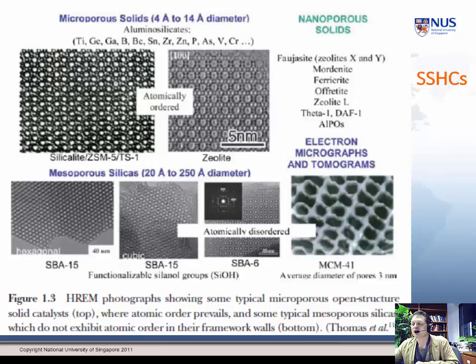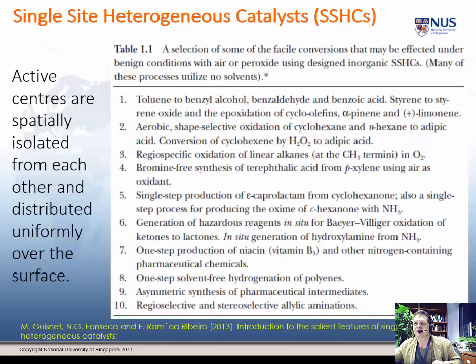Okay, I'm going to move on now away from SSHCs. We are just going to summarize. An SSHC is defined as active centers spatially isolated from each other and distributed uniformly over the surface.